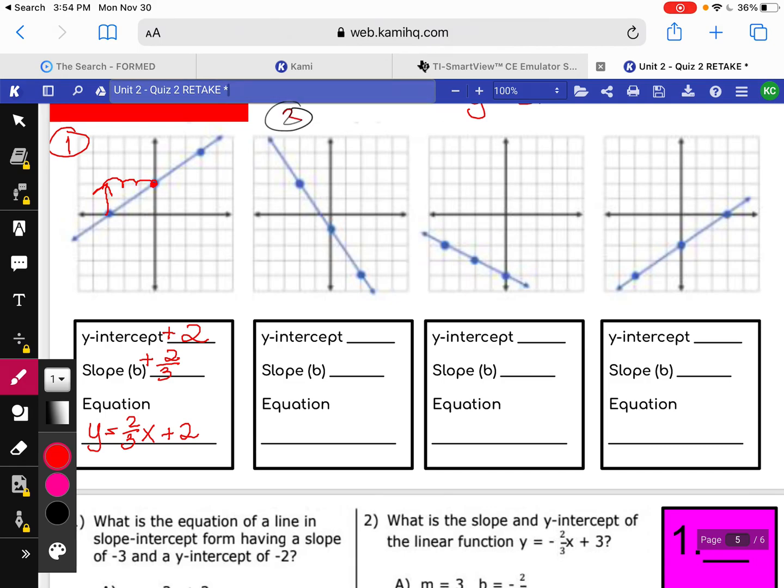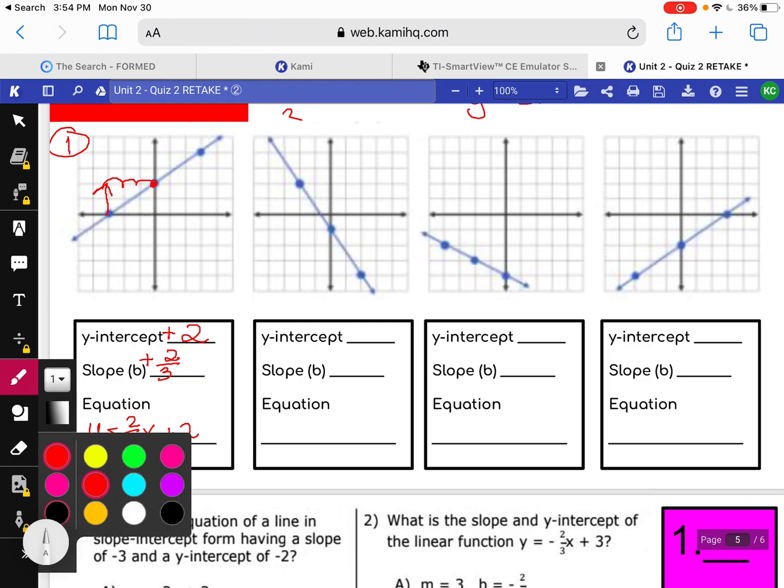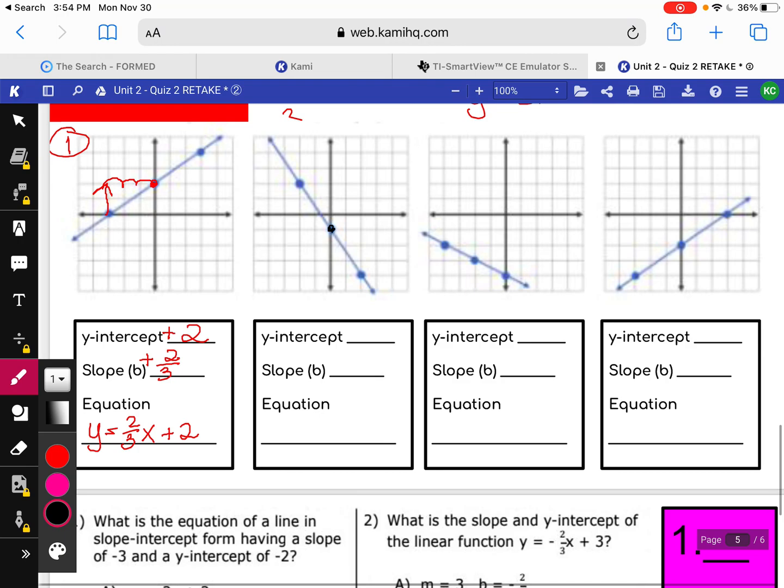Try number 2. For number 2, that y-intercept is -1. I can see that this is a negative slope.